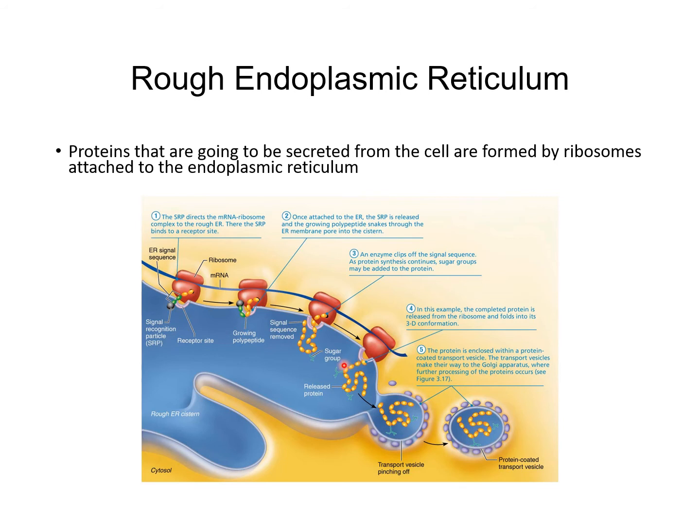As that polypeptide chain grows, it eventually detaches, and then the polypeptide is placed into a vesicle that buds off from the rough endoplasmic reticulum, and then typically is sent to the Golgi apparatus for further processing, and eventually packaged into a secretory vesicle to be secreted outside the cell.